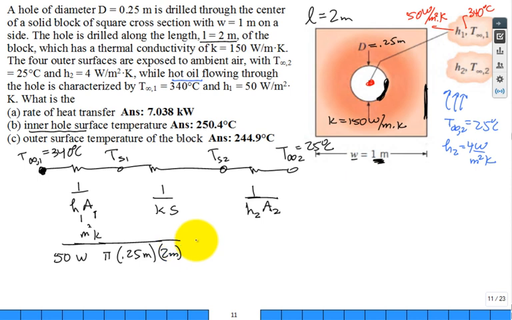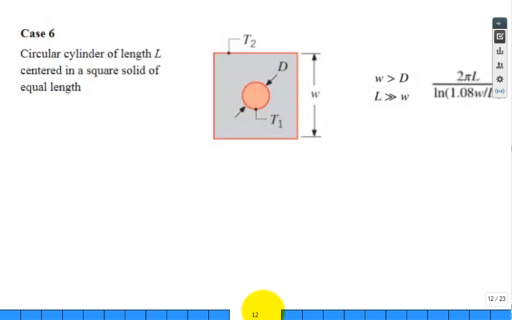Yeah. Okay. So then the second resistor, these are in series, so I'm going to add them up to get the total resistance. R total is my 1 over thermal conductivity, 150 watts per meter Kelvin, and then I have my shape factor. I have to go and find that in our table. Here's our table.